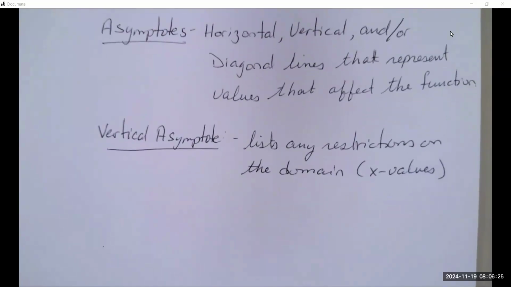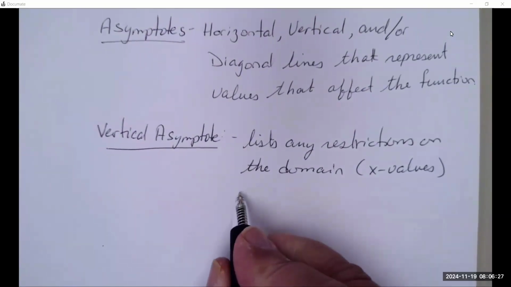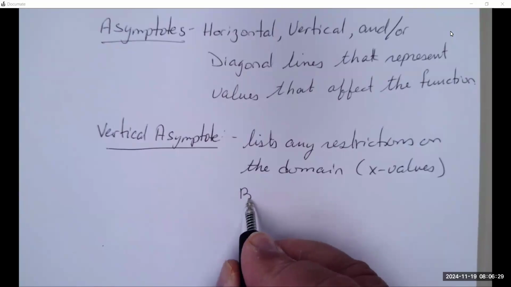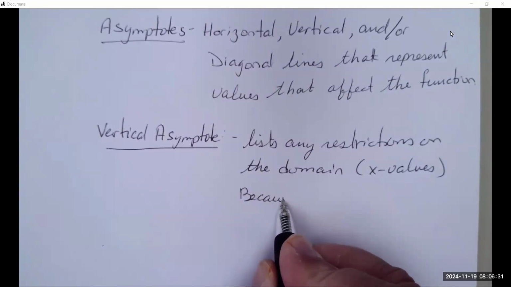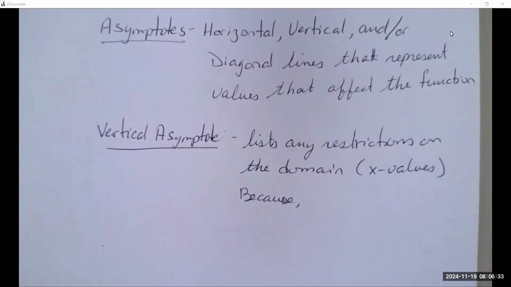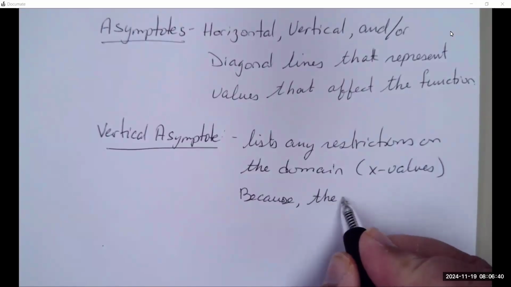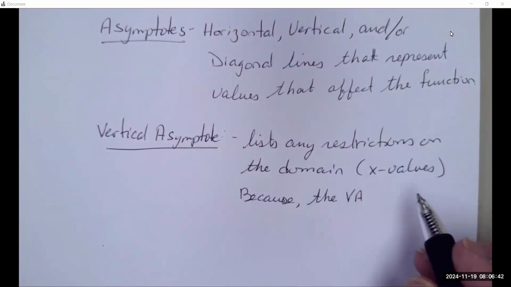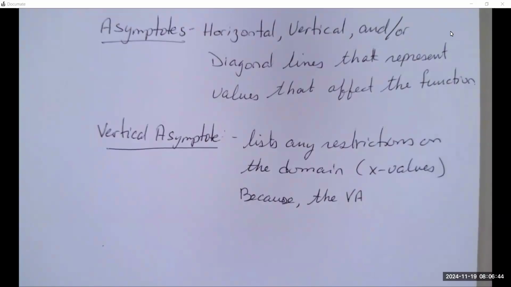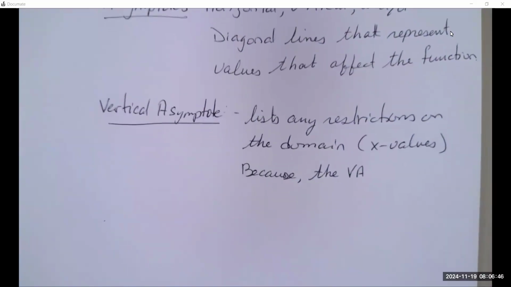Why? How does it do that? Because what is the vertical asymptote? How do you find it? How do you find the vertical asymptote?